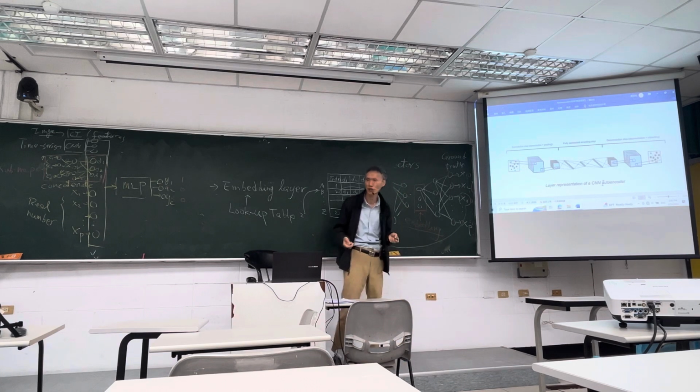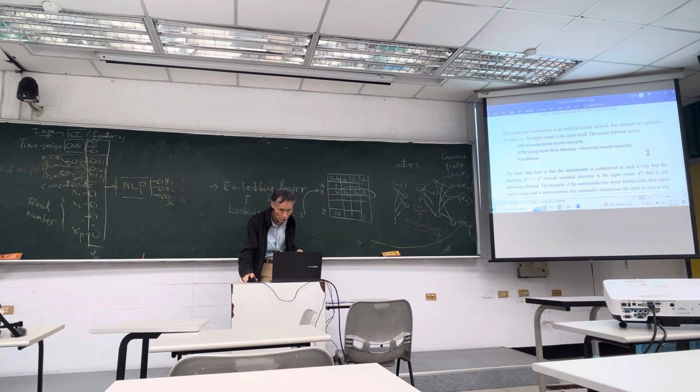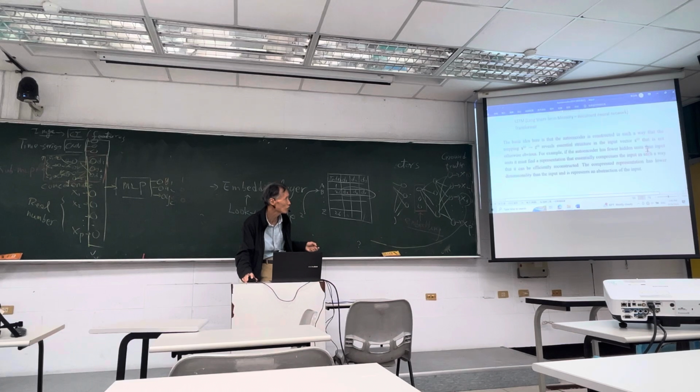No matter for image or for time series data, the idea is the same here. Okay, so as I mentioned, it is not restricted to the CNN. It can be a recurrent neural network, or even a transformer.